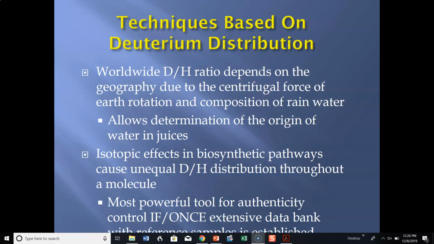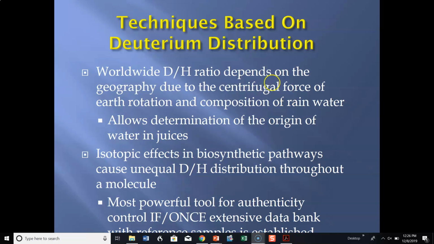And so basically, you can do deuterium-hydrogen ratios on wines, juices, any kind of plant material, and you can tell where this was grown. Was it grown close to the equator, or was it on, of course, either side of the equator, where we have lower deuterium ratios?